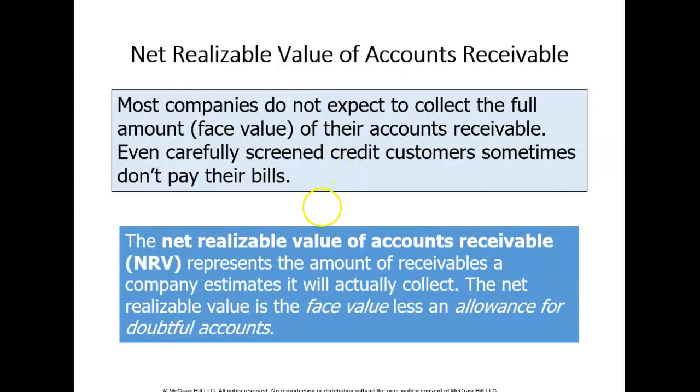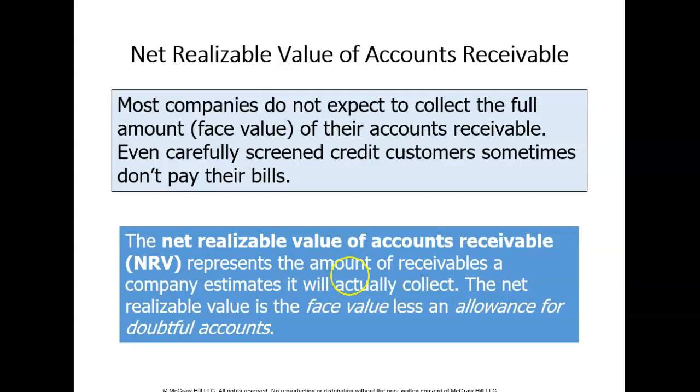What we're saying here is that, yes, we understand that the clients may owe us $10,000, but we're going to make an estimation that at least one or two clients are not going to pay the amount that's owed.